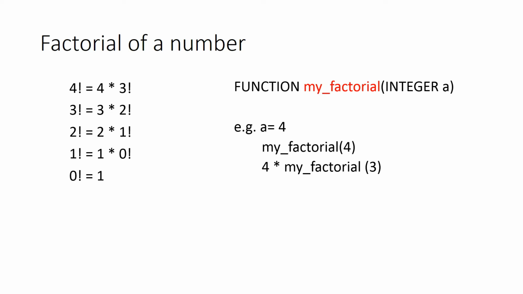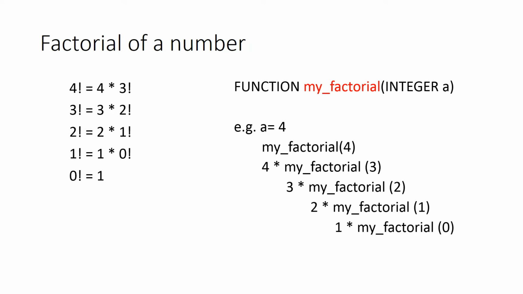So we are actually doing 4 times the result of the function myFactorial for 3. And that, in turn, will be calling factorial again because we need to do 3 times the factorial of 2, and then it goes again and again until we call myFactorial 0.